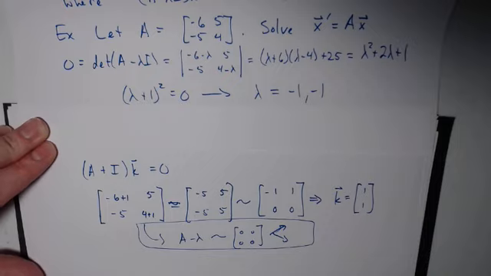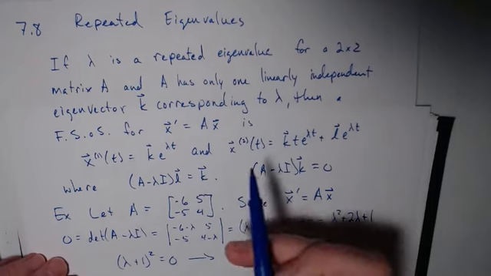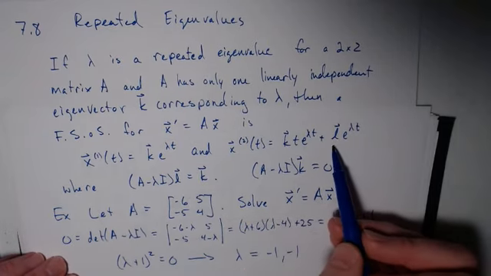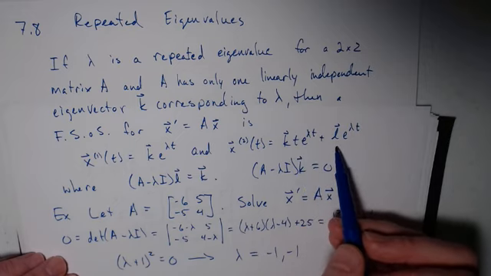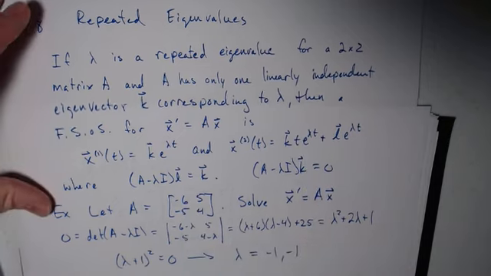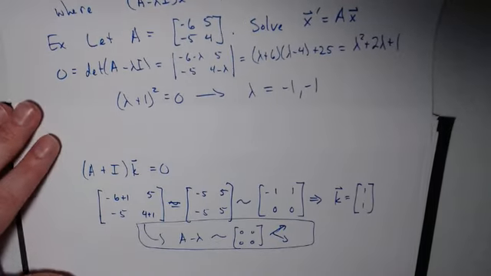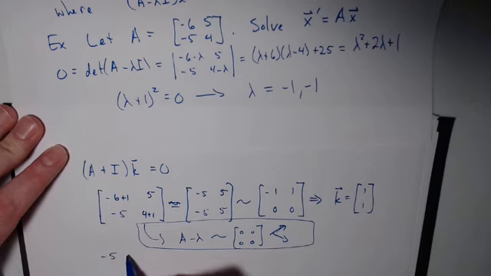So from our theorem, from our process, we want to find the l to find our second linearly independent solution, and l is the solution of (A minus lambda I) l equals k. In this case, A minus lambda I is still [-5, 5; -5, 5].